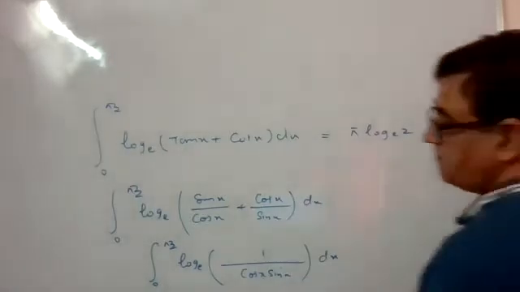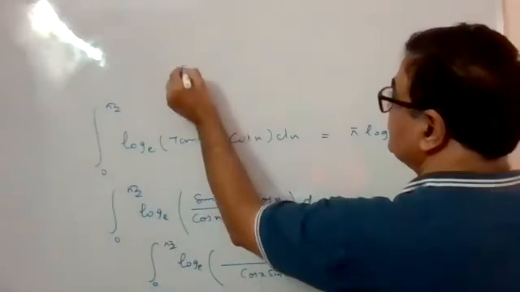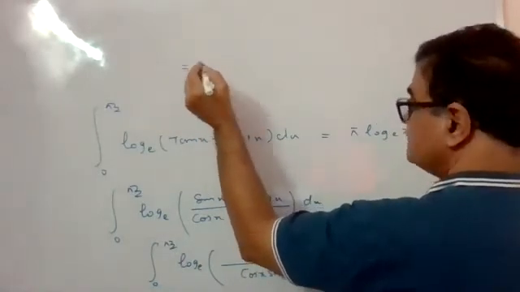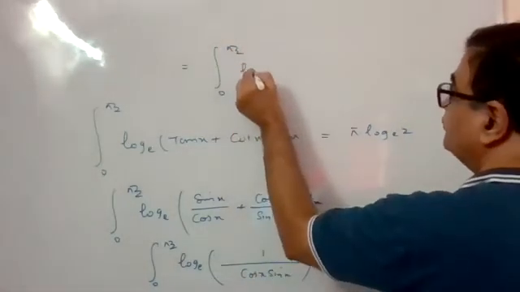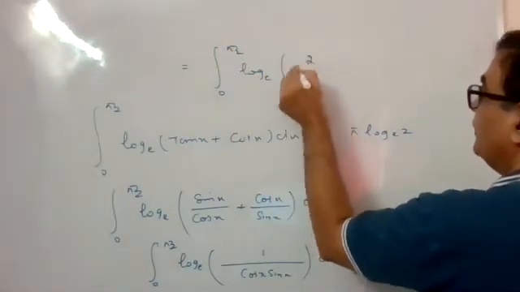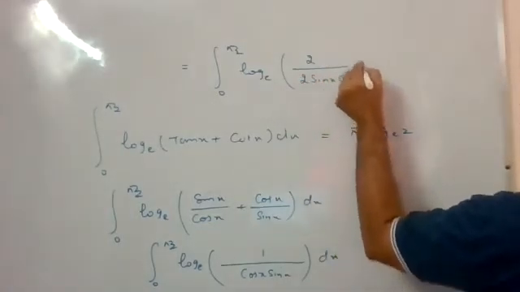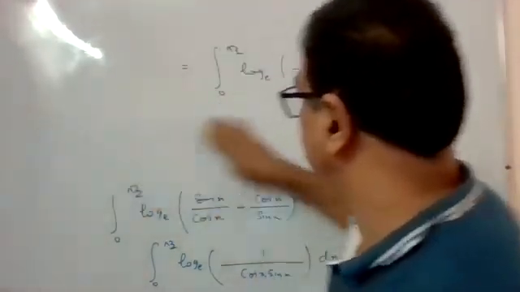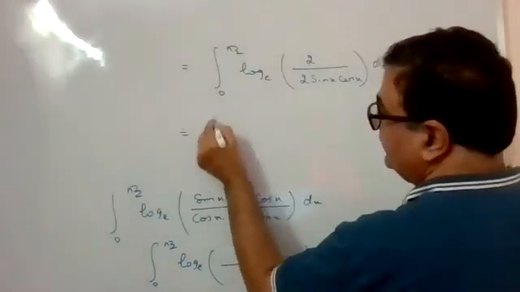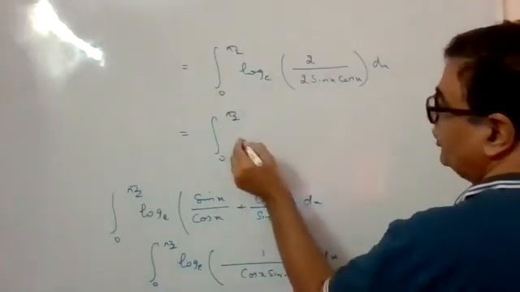Okay. Then again what I do here in this case, 2 multiply and 2 divide. So I got it here 0 to pi by 2 log of 2 by 2 sine x cos x, and then dx. Which you can write as 0 to pi by 2. This is log of a by b, so log a minus log b.